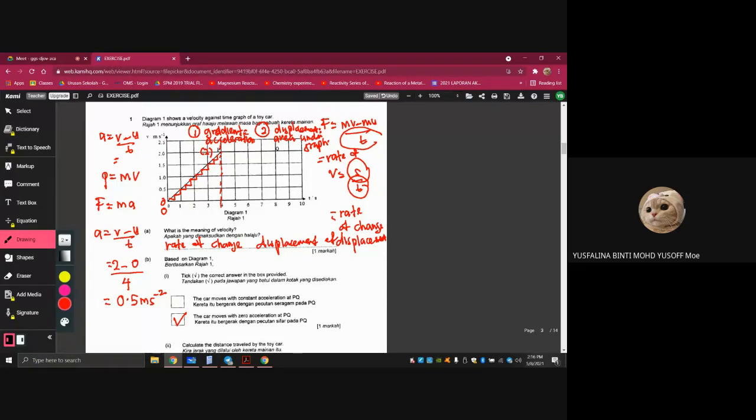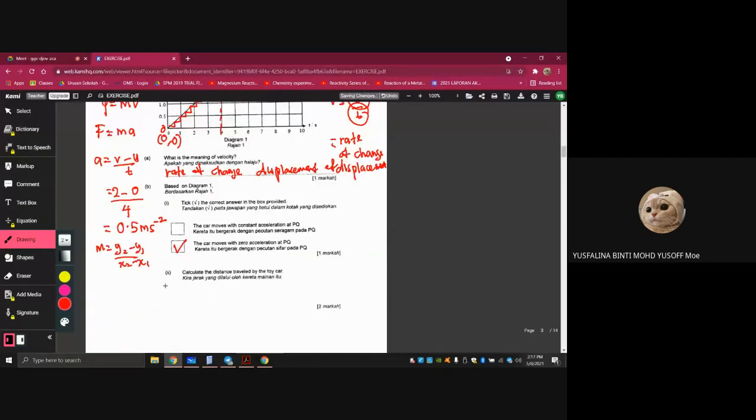Let's say if I don't want to use the formula, I use the gradient formula. When you use the gradient formula, O has coordinates 0, 0, right? And this one has coordinates 4, 2. I just use the formula for the gradient, y2 minus y1 divided by x2 minus x1.